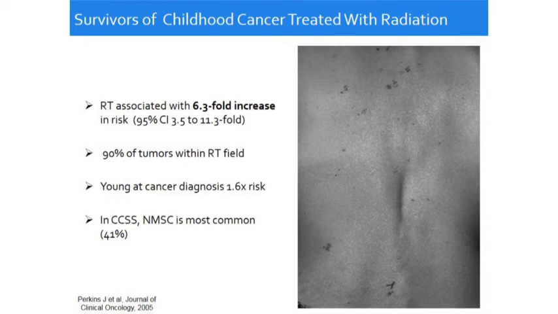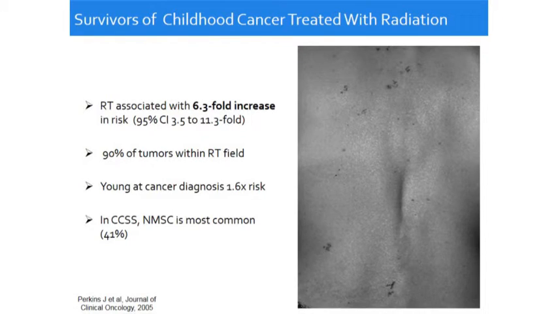Another late-term effect of radiation is the increased risk of second cancers, most notably basal cell carcinomas. The Childhood Cancer Survivor cohort, which is an analysis of over 16,000 patients that had cancer when they were children, found that the most common second malignancy in these patients was basal cell carcinoma or non-melanoma skin cancers, occurring in 41% of these malignancies that were reported.